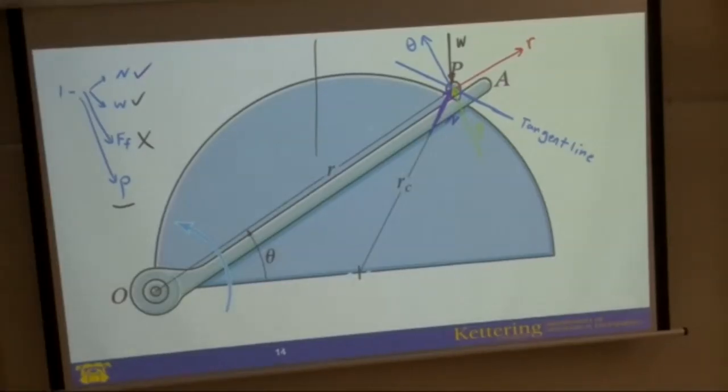This is P. Now you will see that only P is in the theta axis, but the normal force and the weight both have components along r and theta. We need to find their components along r and theta.